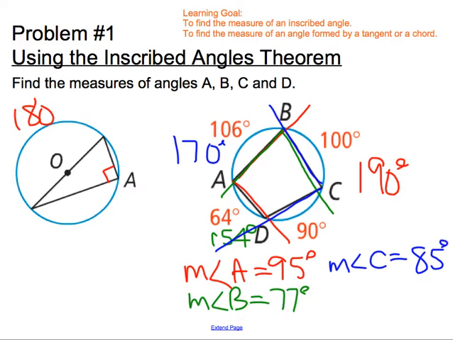Our final angle is going to be angle D, so we'll have that in purple. If you look, angle D cuts off an arc of 206 degrees. And so the measure of angle D is going to be half of 206, or 103 degrees.